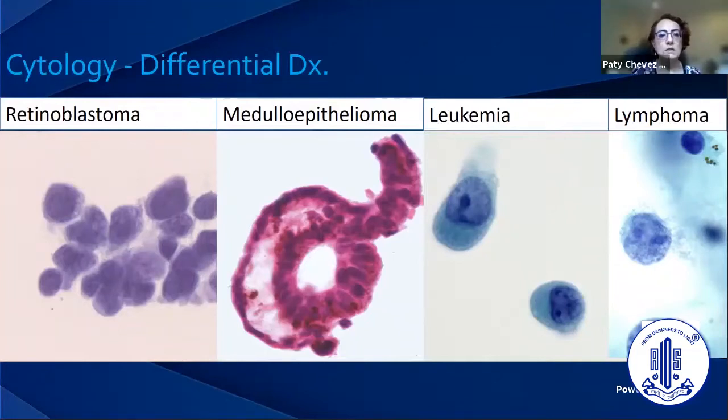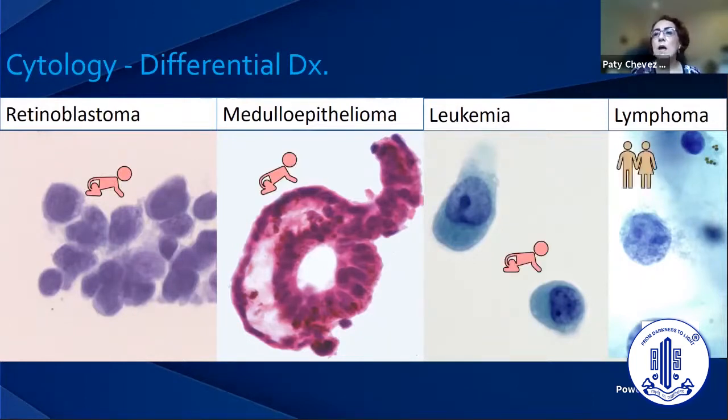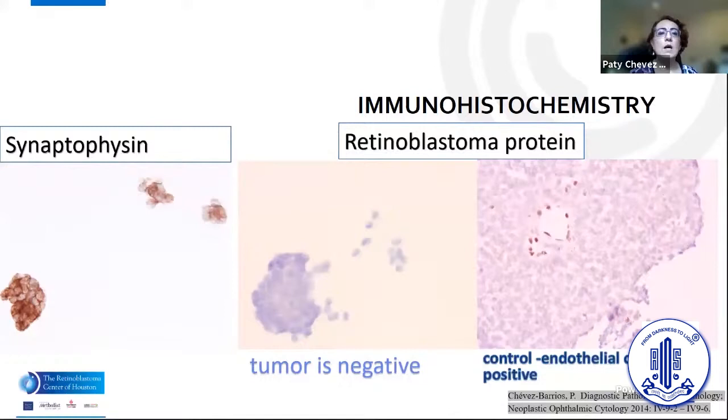Retinoblastoma has this appearance of the rosette. It is in children. Medulloepithelioma is also in children. Leukemia is in children. But lymphoma, as you know, is many times more often in adults. Immunohistochemistry can help.